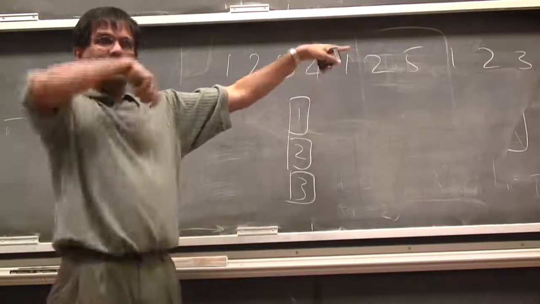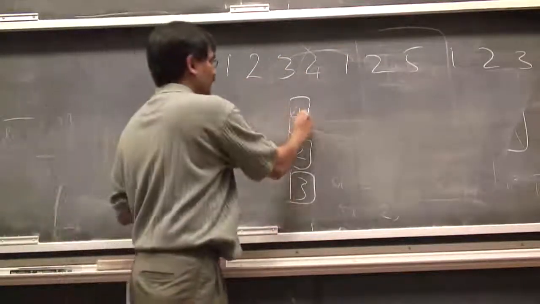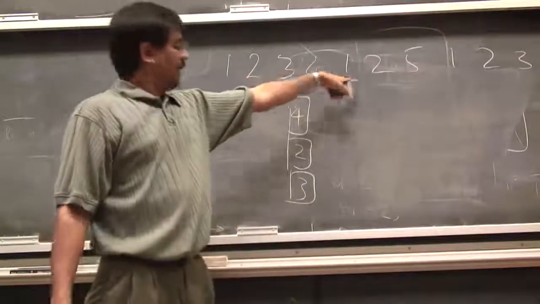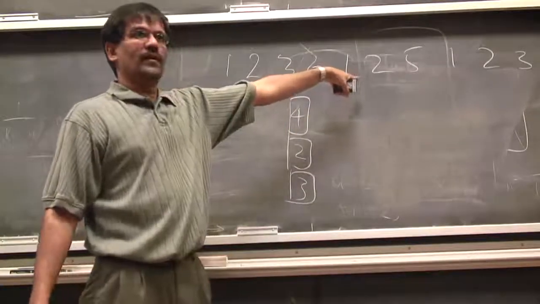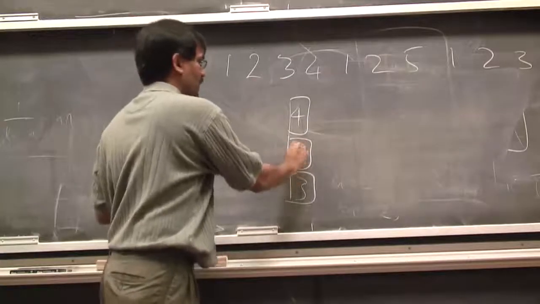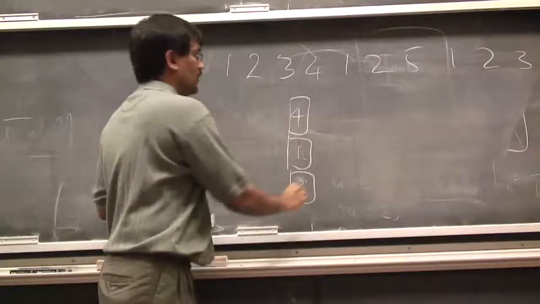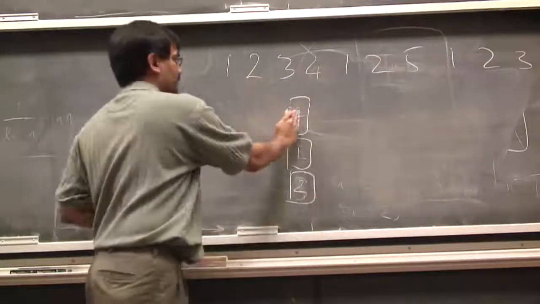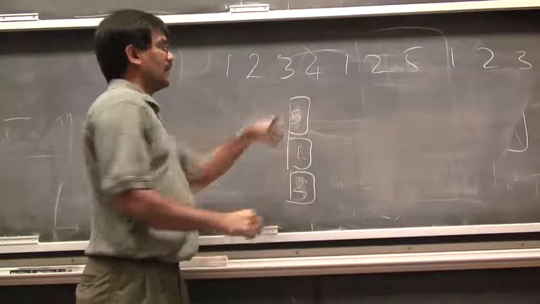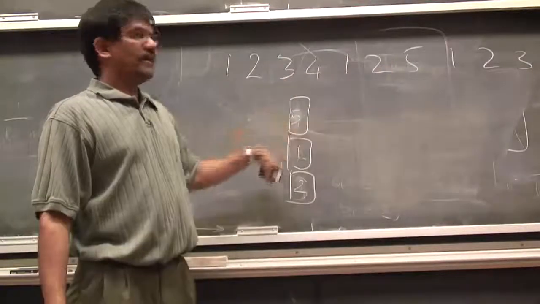So 4 would have to replace the first one which was here, so this will become 4. And 1 will come, it has to replace the first one which came, it will become 1, and then 2 will come, it will replace this with 2, and then 5 will come, this is the 5, and then 1 will come. 1 is already here, 2 is already here.